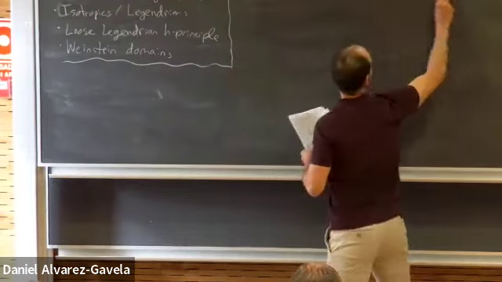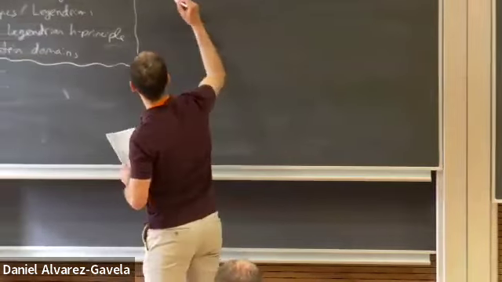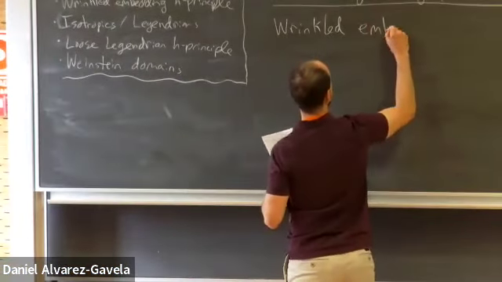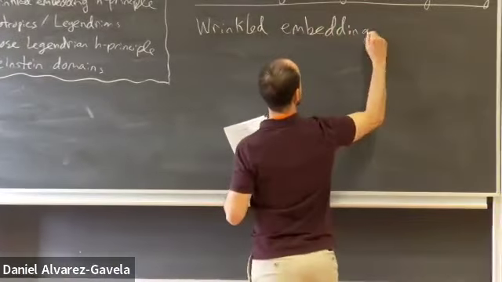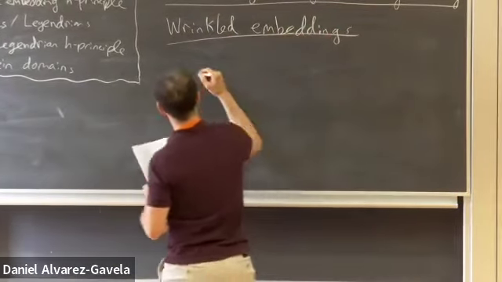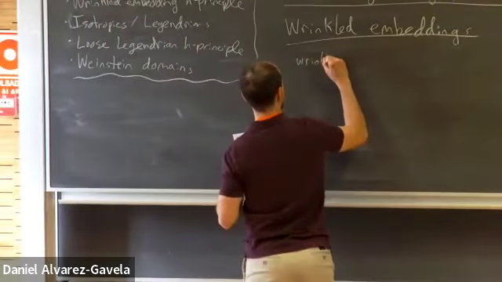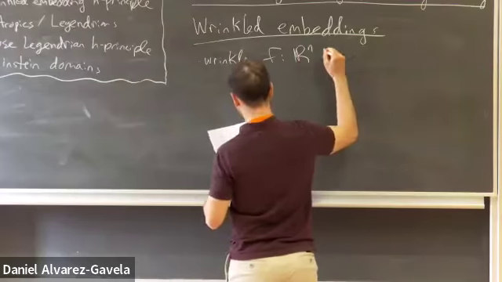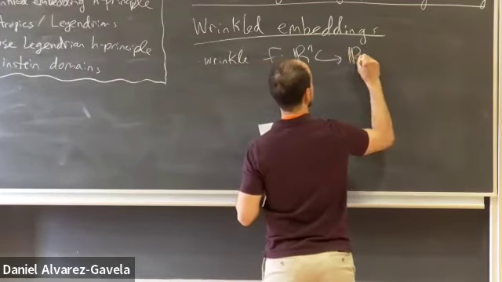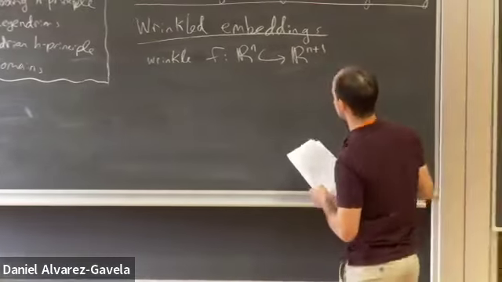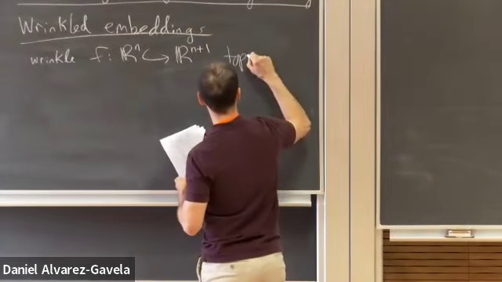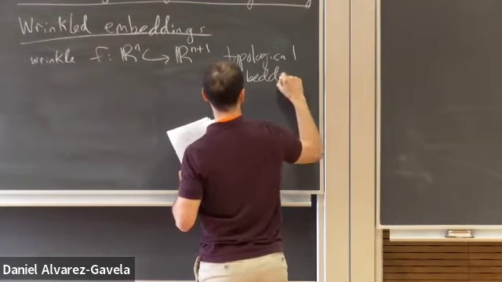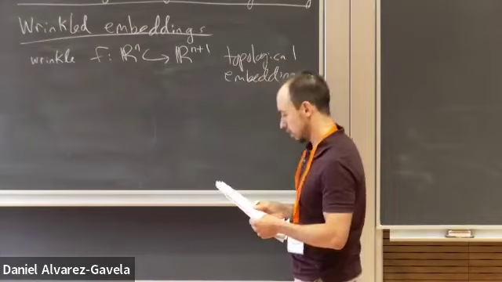Okay, so let me just give a quick sketch of wrinkled embeddings. And here, a wrinkle is a bit different from the wrinkle in Kai's talk. It's going to be a topological embedding from Rn into Rn plus one.